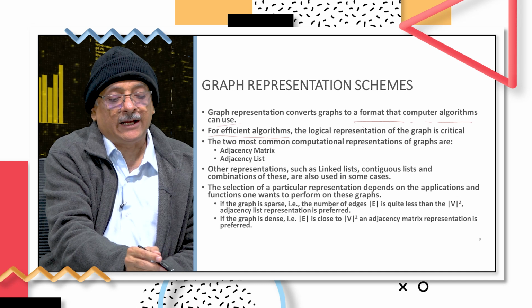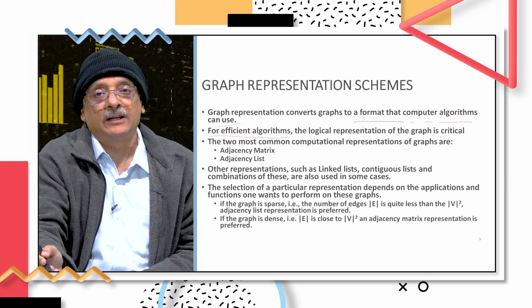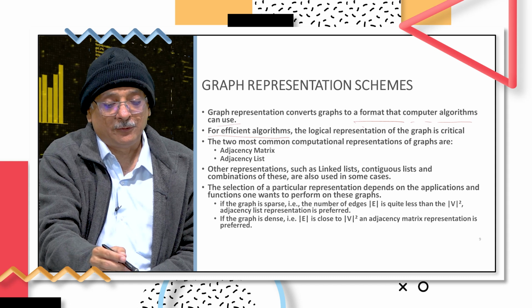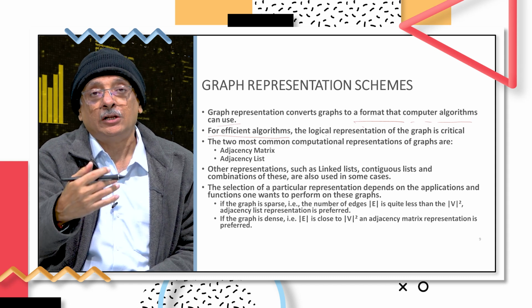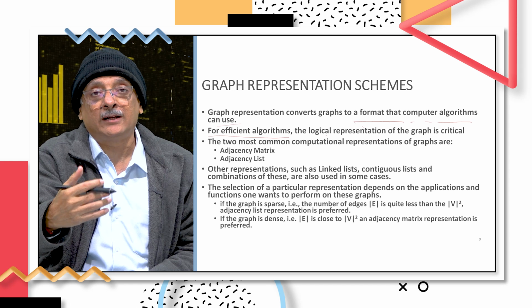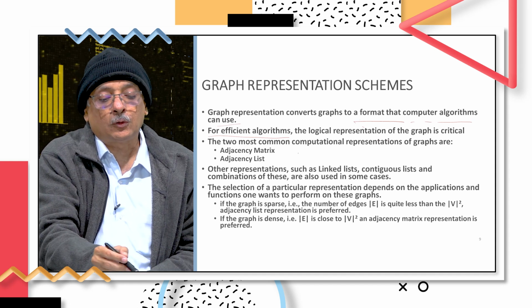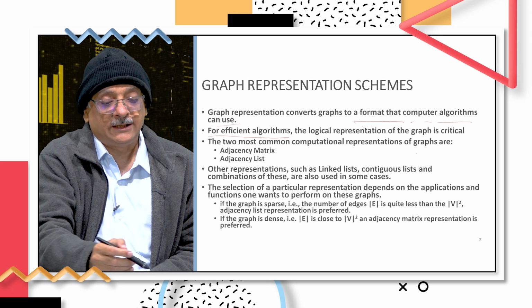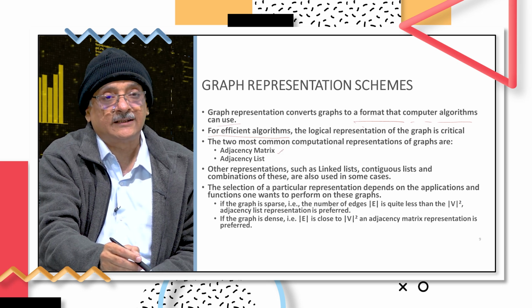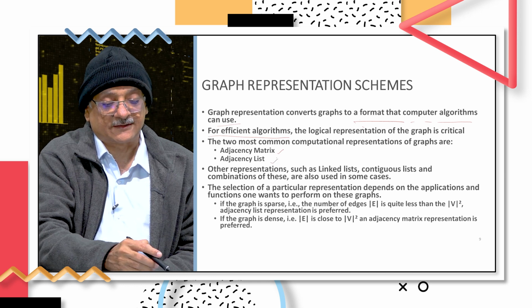For writing efficient algorithms, the logical representation of the graph is very critical if you want to write better algorithms. You should be aware of the way the graph is represented computationally. There are two common computational representations of a graph: one is called adjacency matrix, another is called adjacency list.